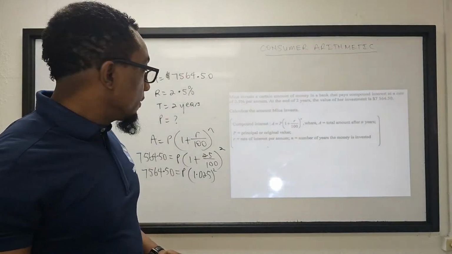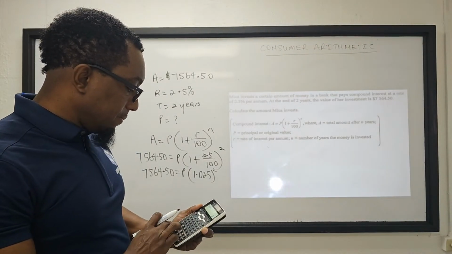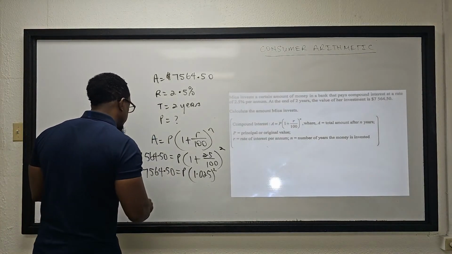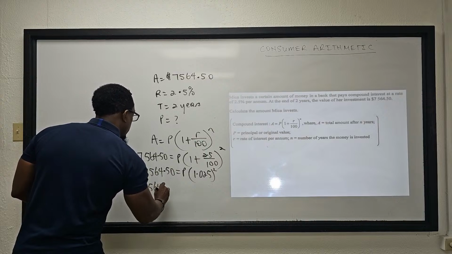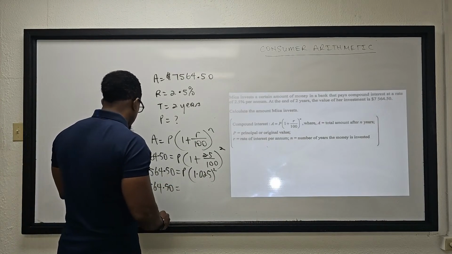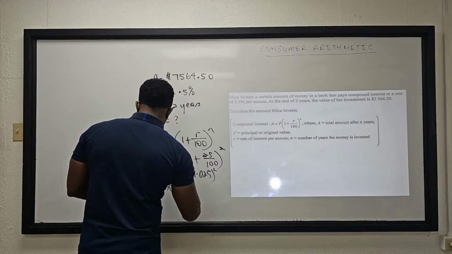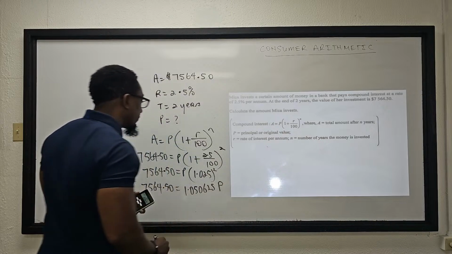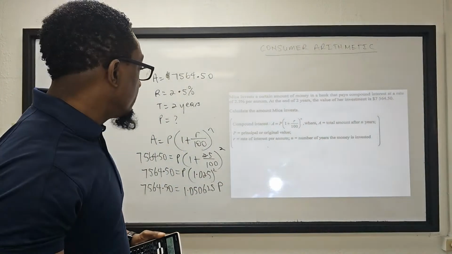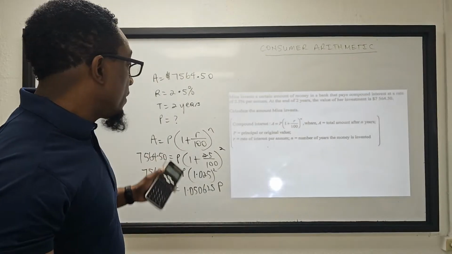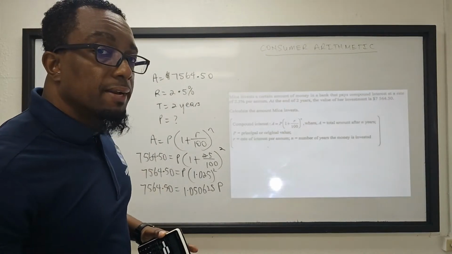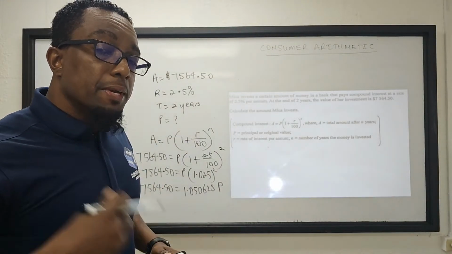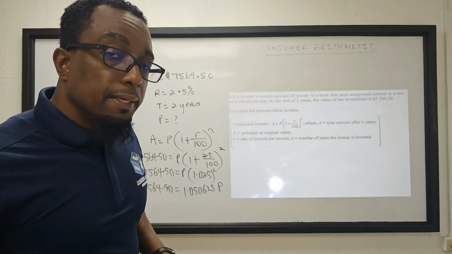So we're going to square that, so 1.025 times 1.025 will give us 1.050625. So 7564.50 is equal to 1.050625 P. And for us to get P by itself, we're going to divide both sides by 1.050625. That is 1.050625 times the principal. And from your knowledge of equations, the opposite of multiplication is division.